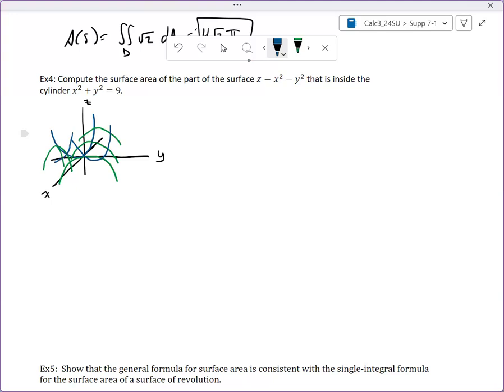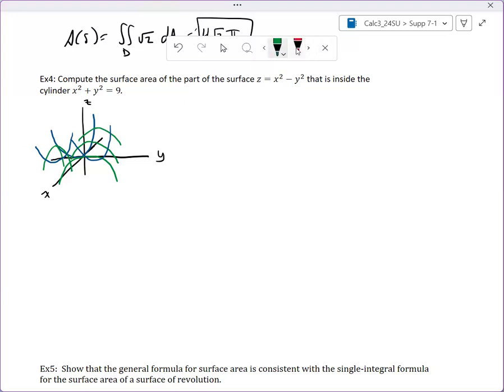I'm trying to draw this. I know this is a bunch of curves that I'm drawing on here, might be making it look more jumbled than anything else, but for each downward opening parabola in the y direction, there are a bunch of crosswise upward opening parabolas in the x direction that cross it, and then vice versa. So we have something that looks like a saddle.